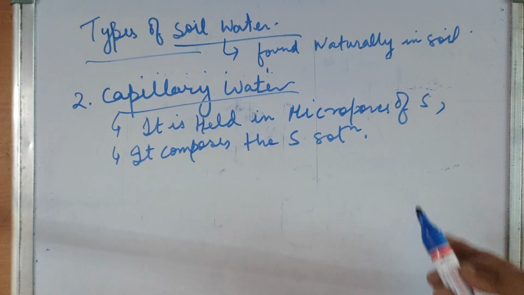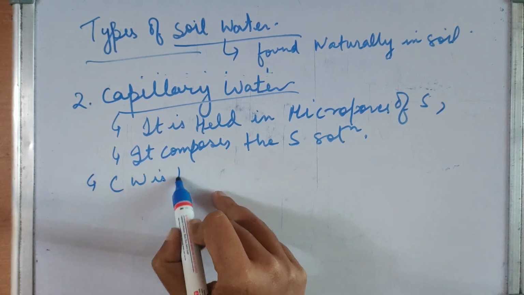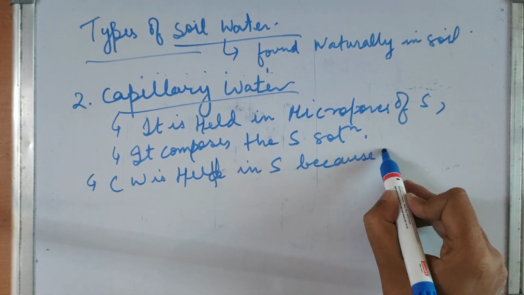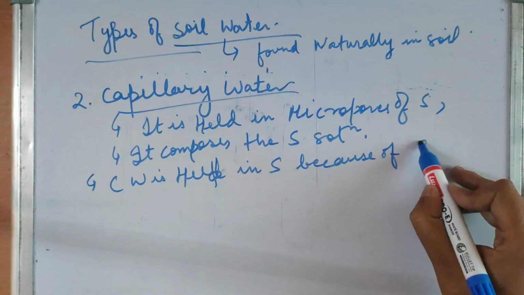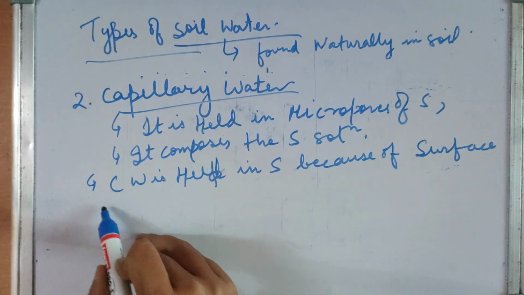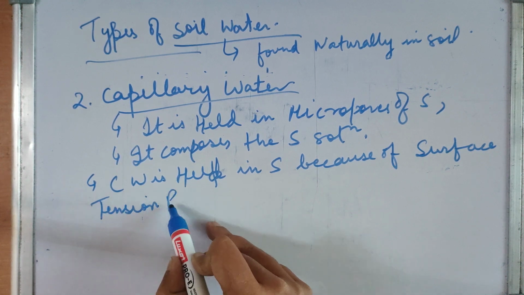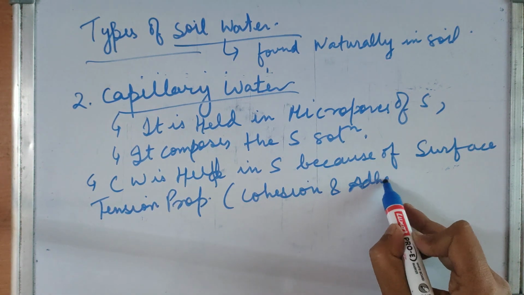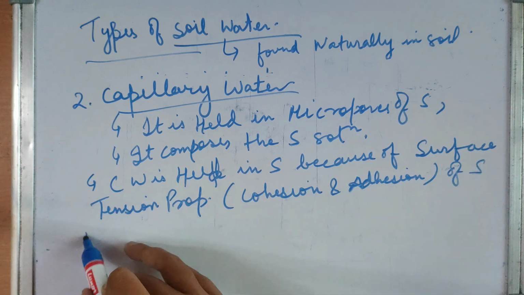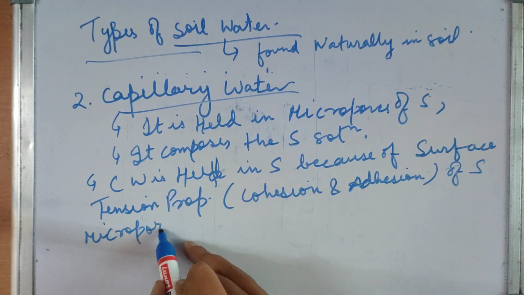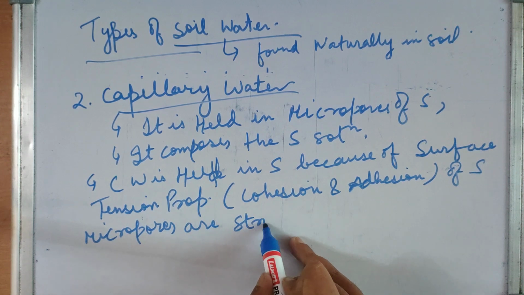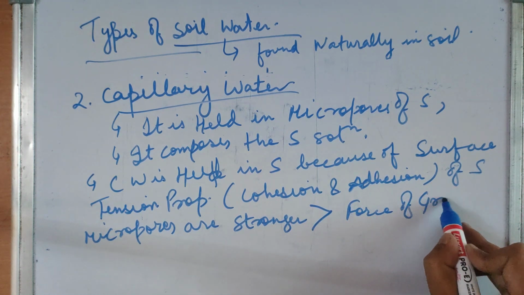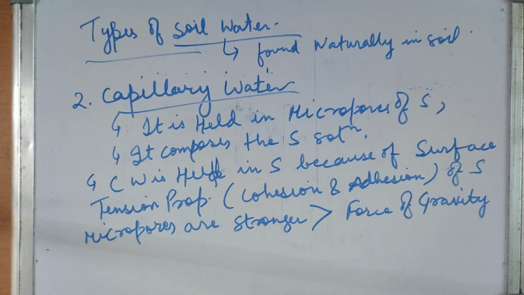Capillary water is held in soil because the surface tension properties, that is cohesion and adhesion, of soil pores are stronger than the force of gravity. Hence gravity is not able to pull this water to the table.